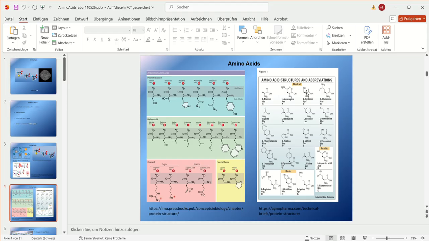And here they order them by being neutral, acidic, or basic. So you could probably also take other orders. So these are more or less the letters that build the proteins.